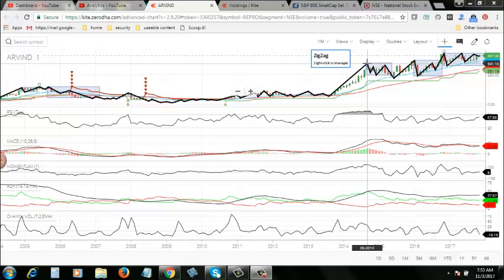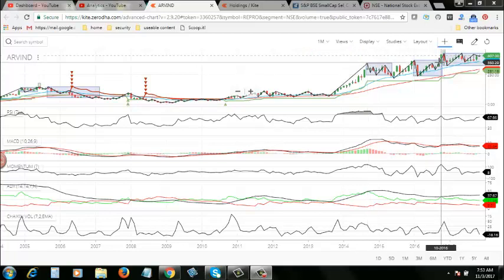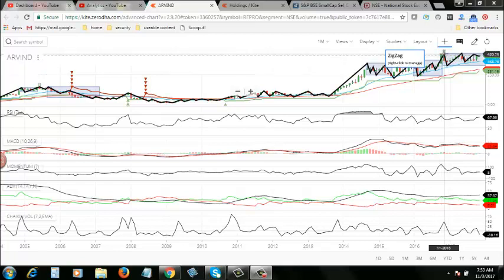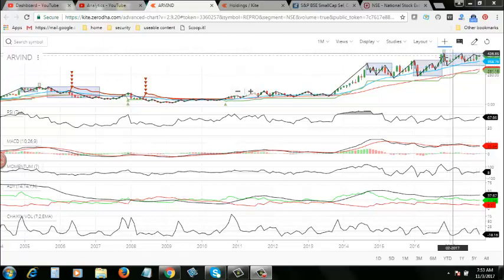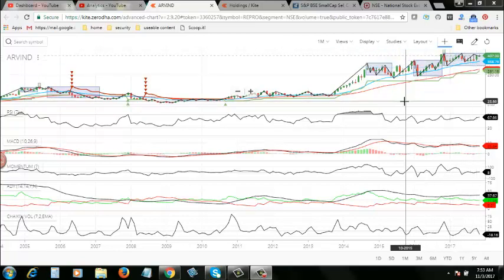After that there was a huge sideways movement, up to September 2016, and after that the stock went up a little bit, and again it is going in a sideways movement. Right now the stock is undergoing a sideways movement.